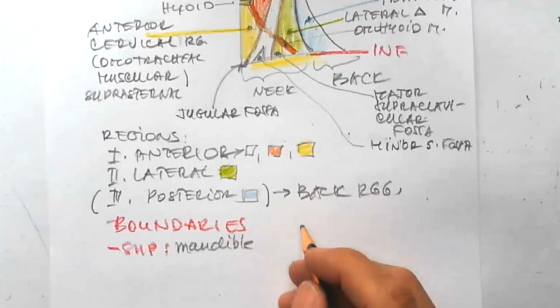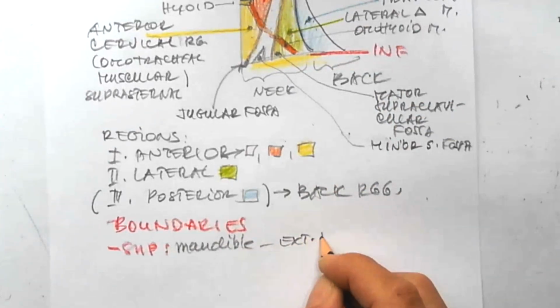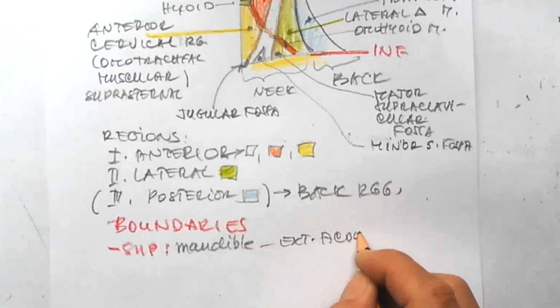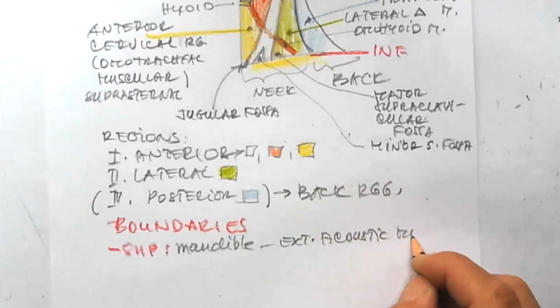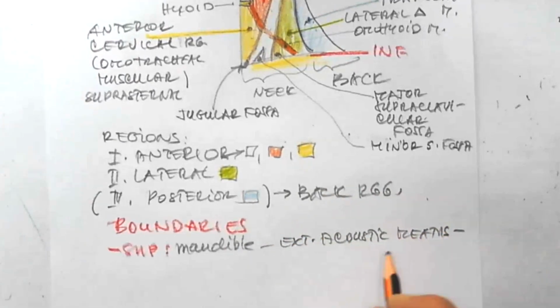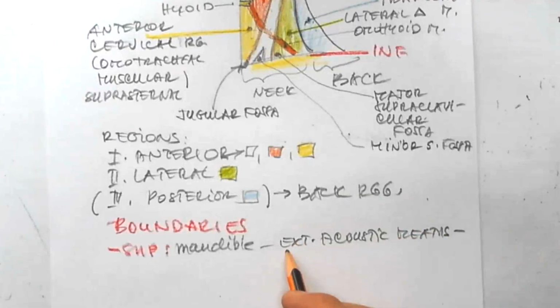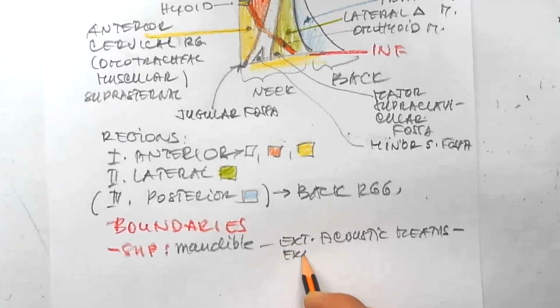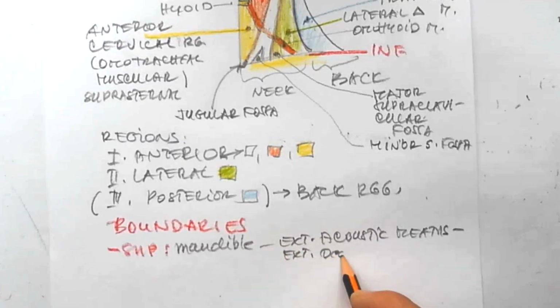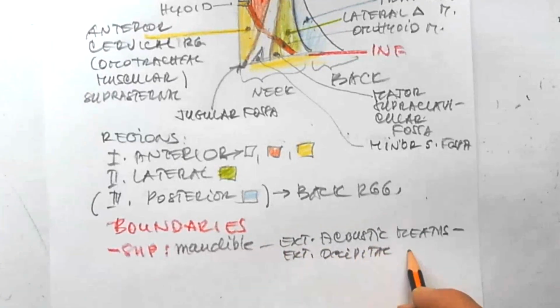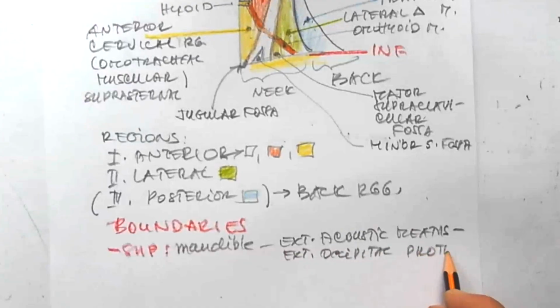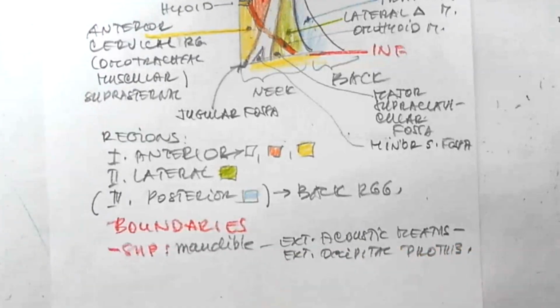So mandible, external acoustic meatus, and finally the external occipital protuberance, not necessarily protuberance. Finished.